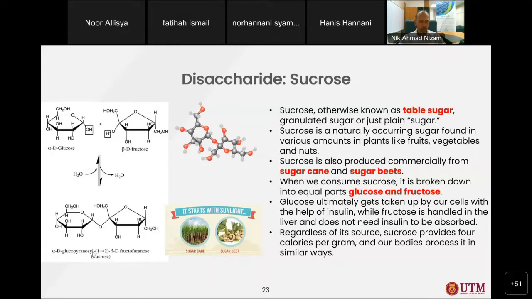So actually it is a combination of alpha D-glucopyranosyl 1,2 beta D-fructofuranoside, which we call sucrose. This is the long name for sucrose. It is a combination of glucose and fructose, and this sucrose will be broken down into glucose and fructose.